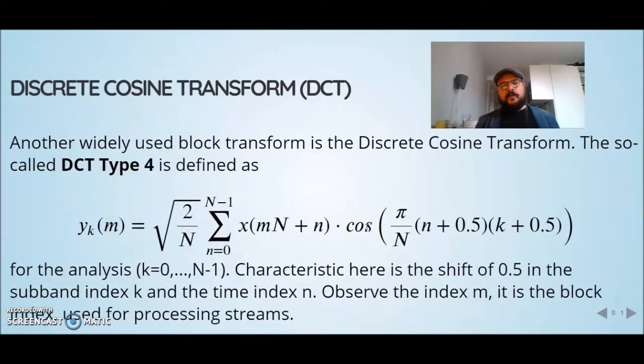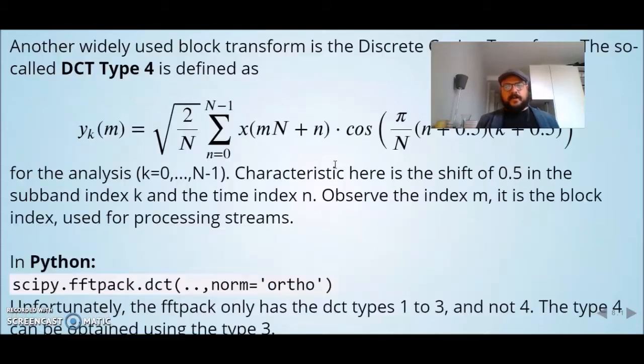The DCT4, when you multiply by a scaling factor, the DCT matrix can become orthogonal, and because of the symmetry, the inverse transform becomes exactly like the forward transform, and that's our case.